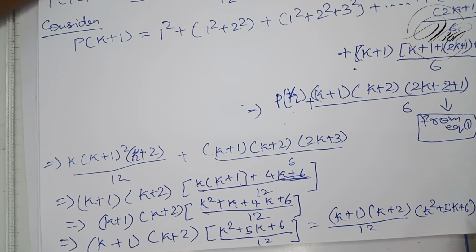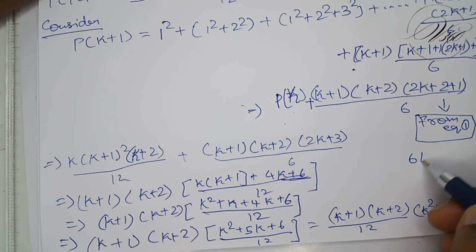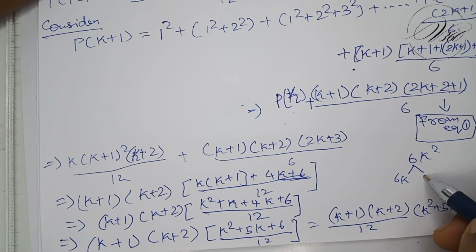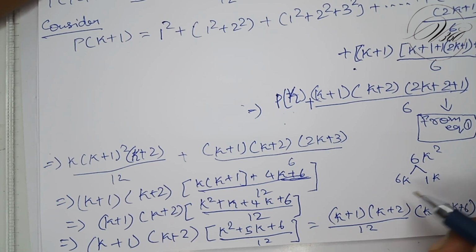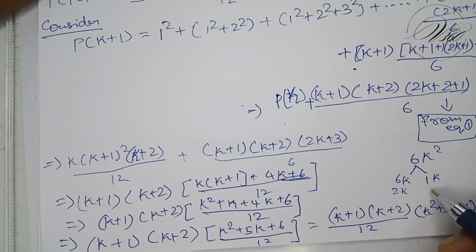You might think, how did I divide this? Now I'll show you how I will divide this. 5k, I will divide it by 2k and 3k here. Okay, like this I will divide.